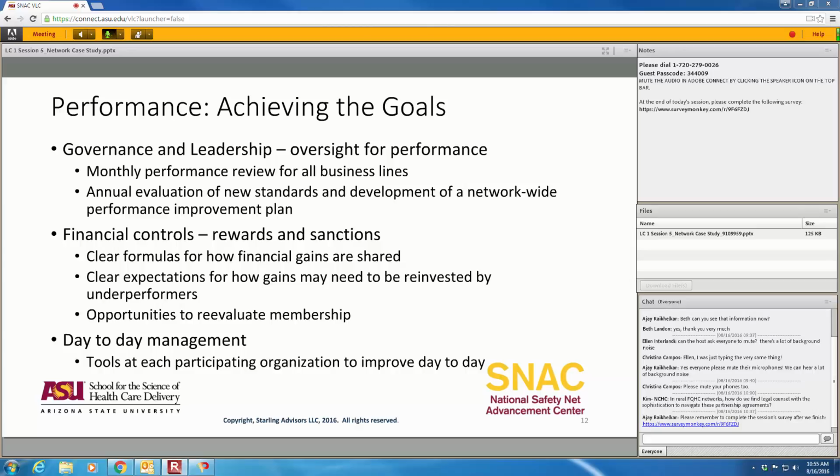So this group actually said, look, even though the long-term goal is to create more sustained investment in the overall population, in the individual providers, that in the short term they wanted to forego that to really build out the network infrastructure that they needed. And in cases of underperformers, there were clear expectations or requirements for those underperformers to reinvest in their capabilities.